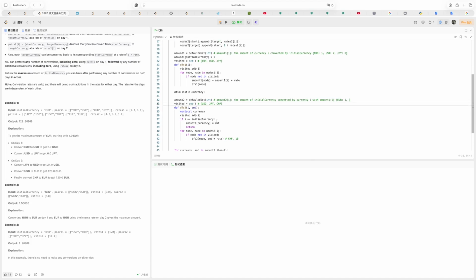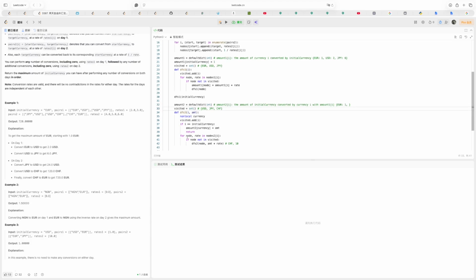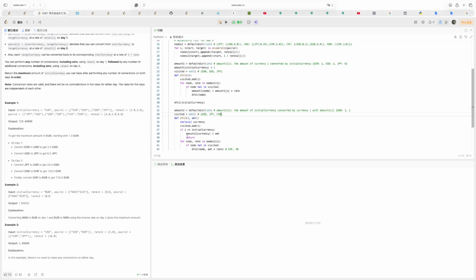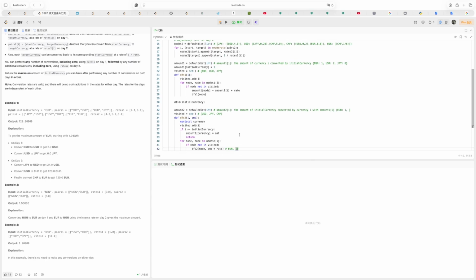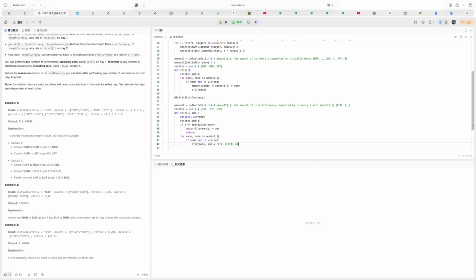We have euros, so the node is euro, and the rate is 6. It's not in the visited set, so we will have DFS node with euros, and the current amount is 10. So 10 multiplied by the rate, which is 6, is 60.